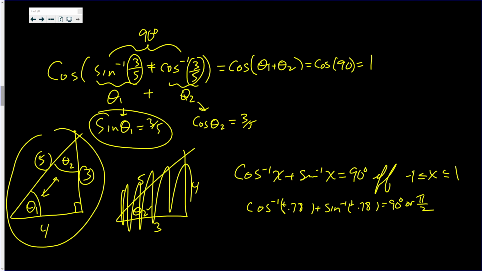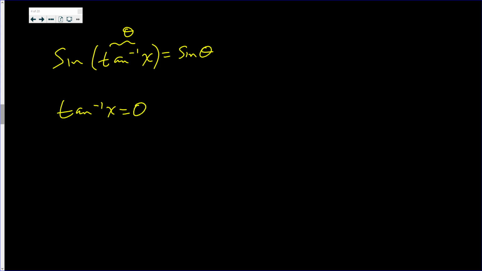So, 2 more problems. How about this one? Simplify. What is the sine of the tan inverse of x? Well, this is some angle, and we want to know what the sine of the angle is. Well, we know that tan inverse of x is theta.